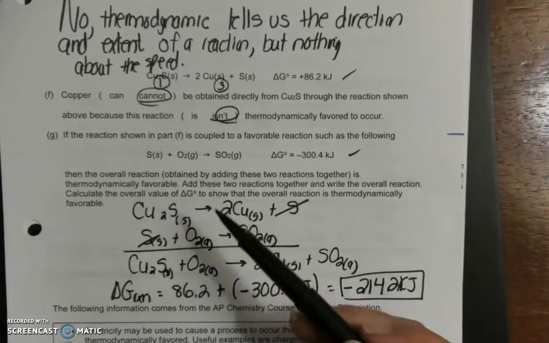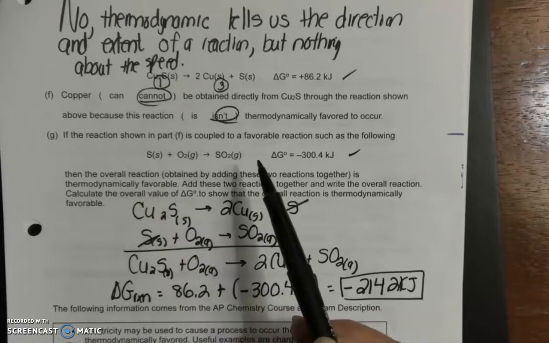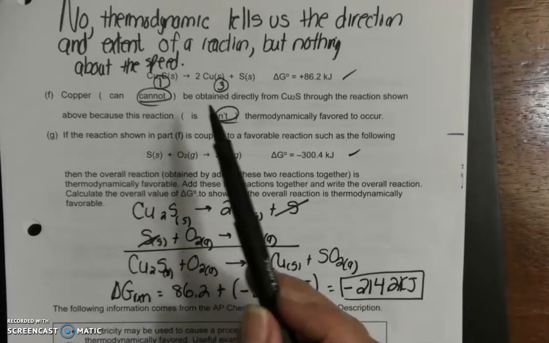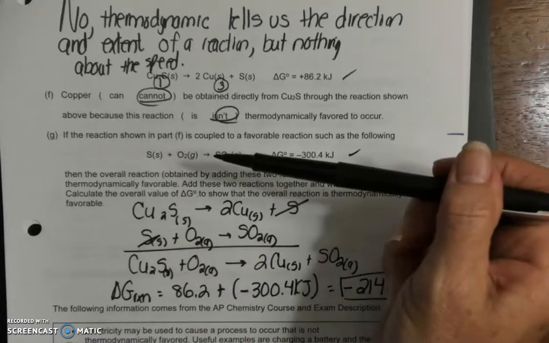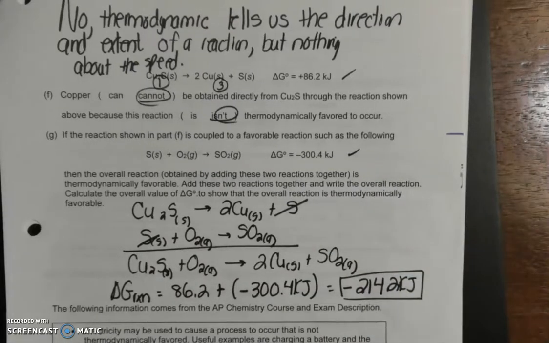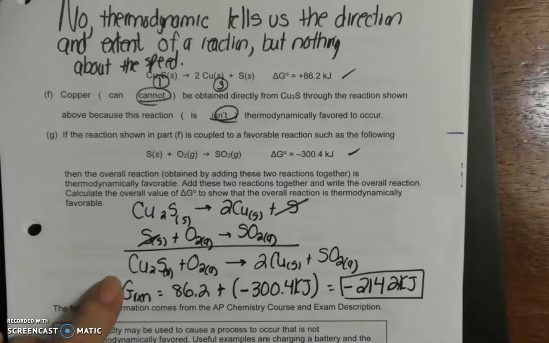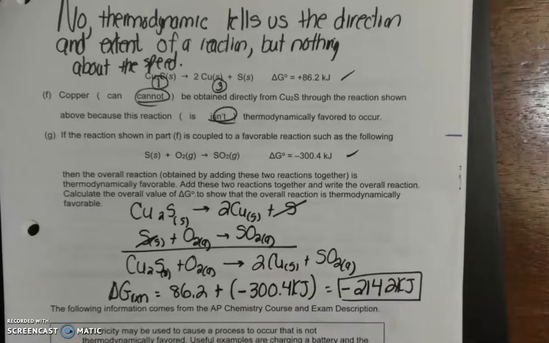Notice that I didn't really do this like I do Hess's law. I didn't put the sulfur on the other side or do any of that. When I'm coupling, I'm just adding them as written, and I get this now energetically favorable way to make copper, if that is something that I want to make, let's say, commercially. Then I have a way to do that.